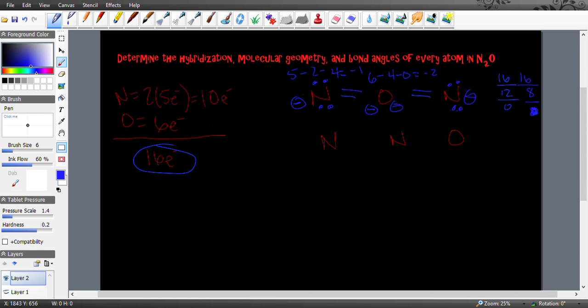So let's try the other structure. Nitrogen, so 16 minus 4 is 12. Let's try this. And let's just throw a double bond here. So we used 1, 2, 3, 4, 5, 6, 7, 8.